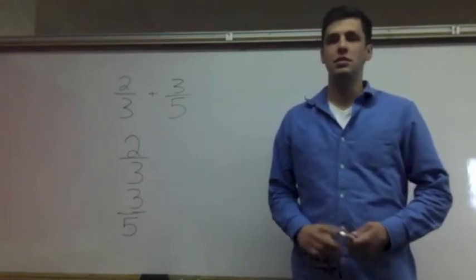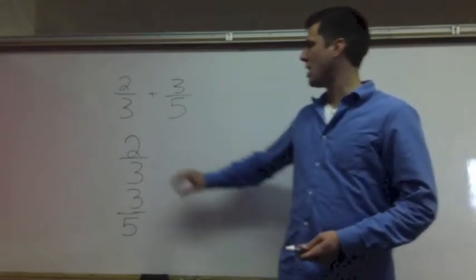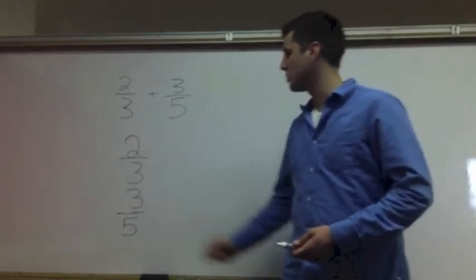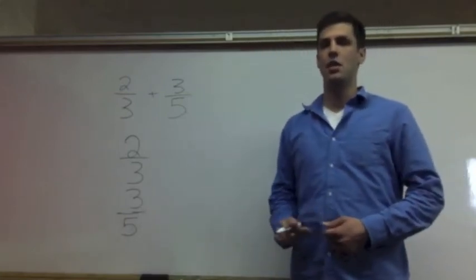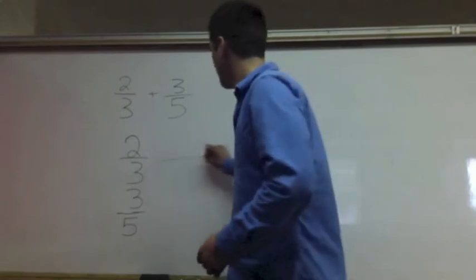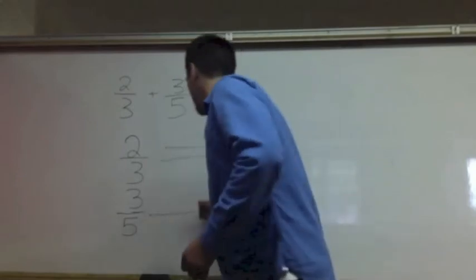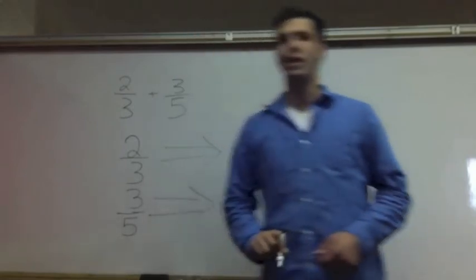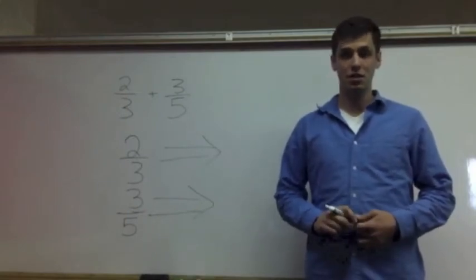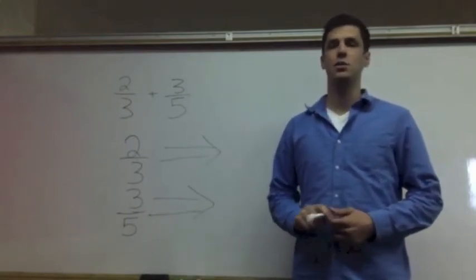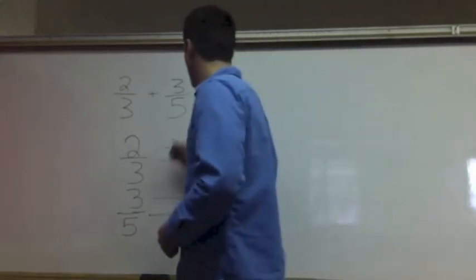So our question is, what can we multiply 2/3 by, and what can we multiply 3/5 by to make sure that they have the same bottom number? For this, we're going to use a change factor again. However, in this case, the change factor isn't dividing, it is multiplying.